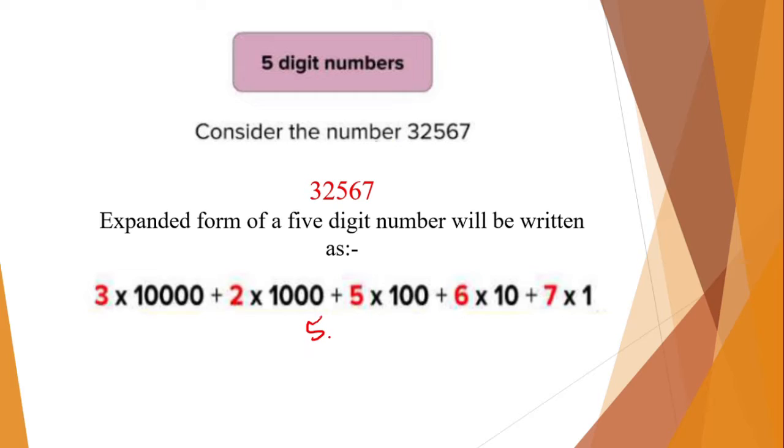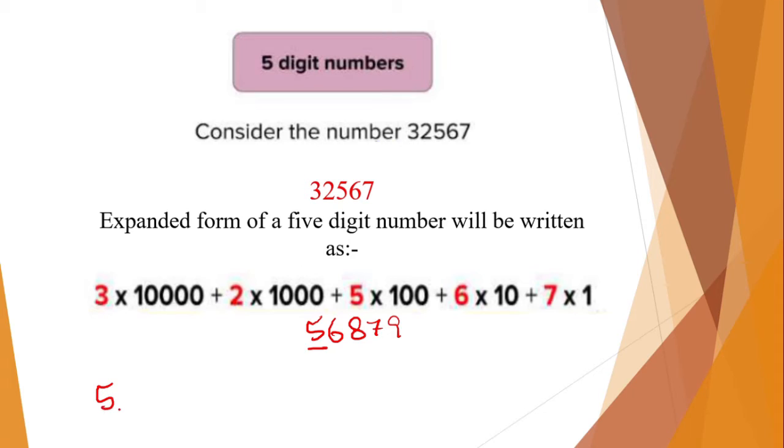So 5, 6, 8, 7, 9. We have 56,879. What should we do first? We should check the first digit, which is 5.